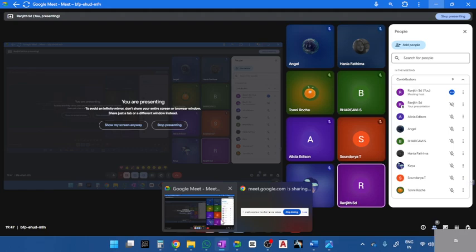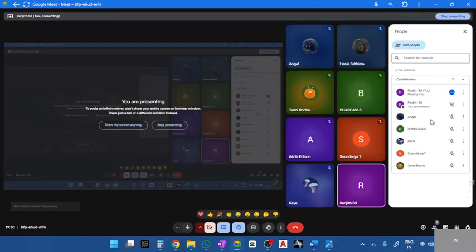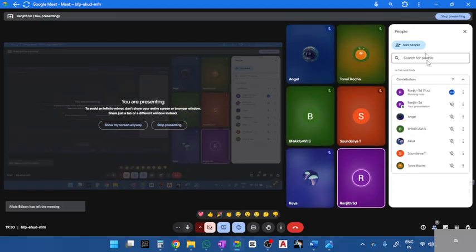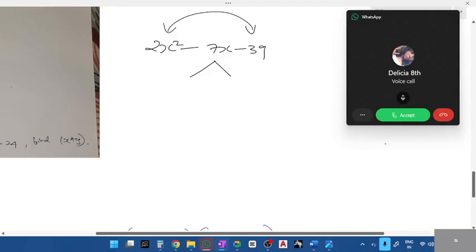You all can leave. Guys, you can leave. Go through the recording and log in tomorrow. See, this is the problem. If you don't watch the recording, students, next day it would be tough.